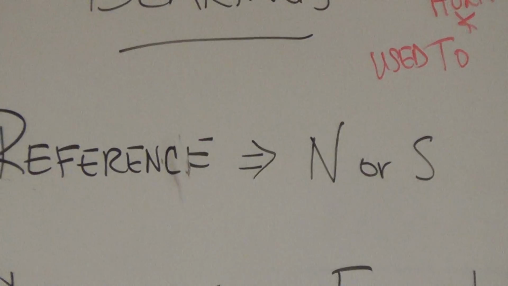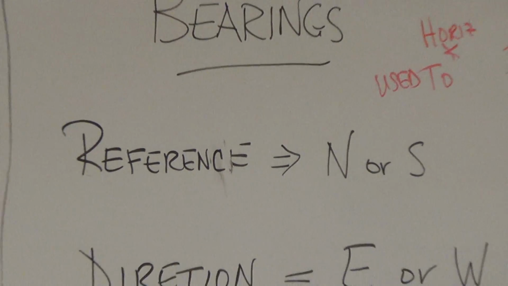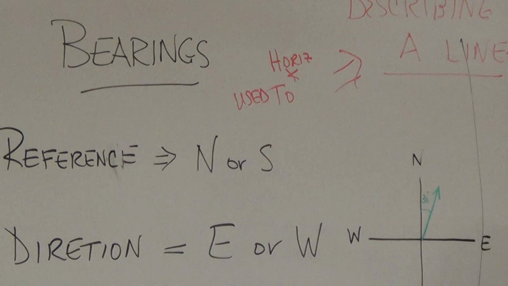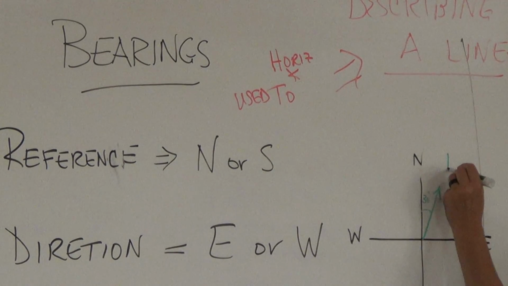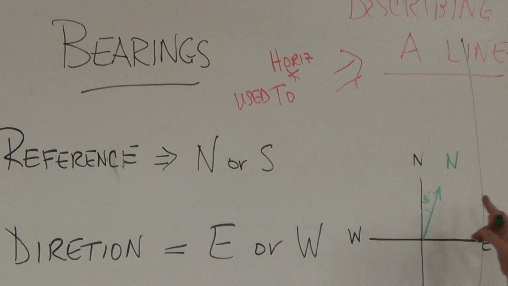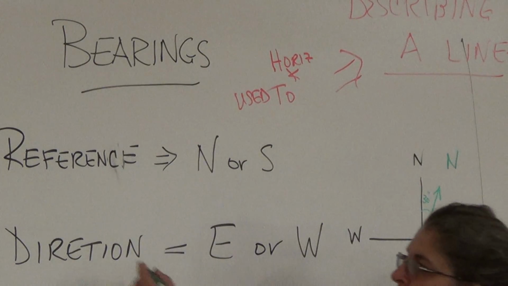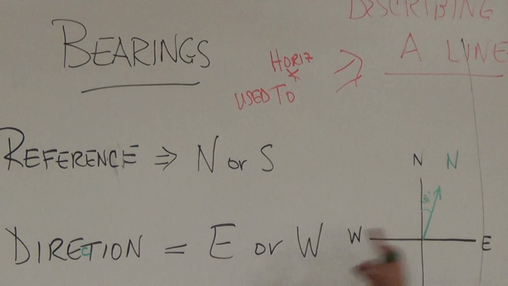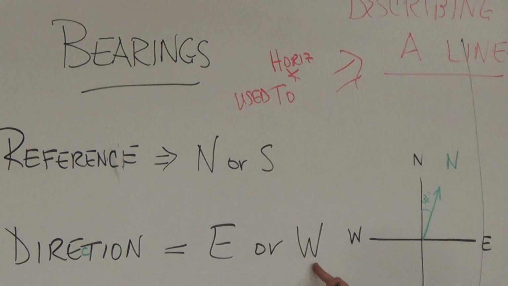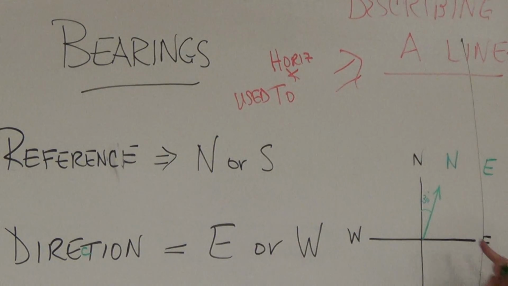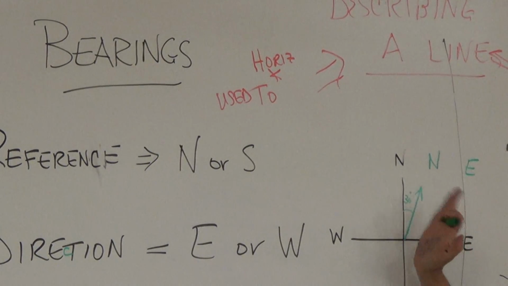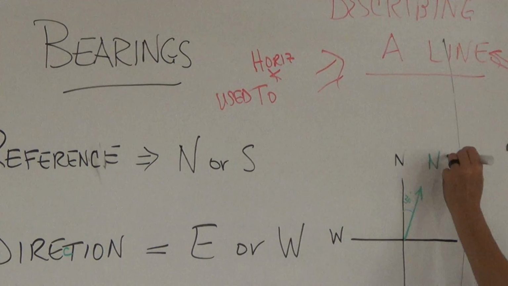So looking at where this line is, would you measure it from the north or from the south? North. So this line is going to have a north. The direction it's going in: is the line going towards the east or towards the west? East. It's going towards the east. And how many degrees did it go towards the east from north? 30 degrees.